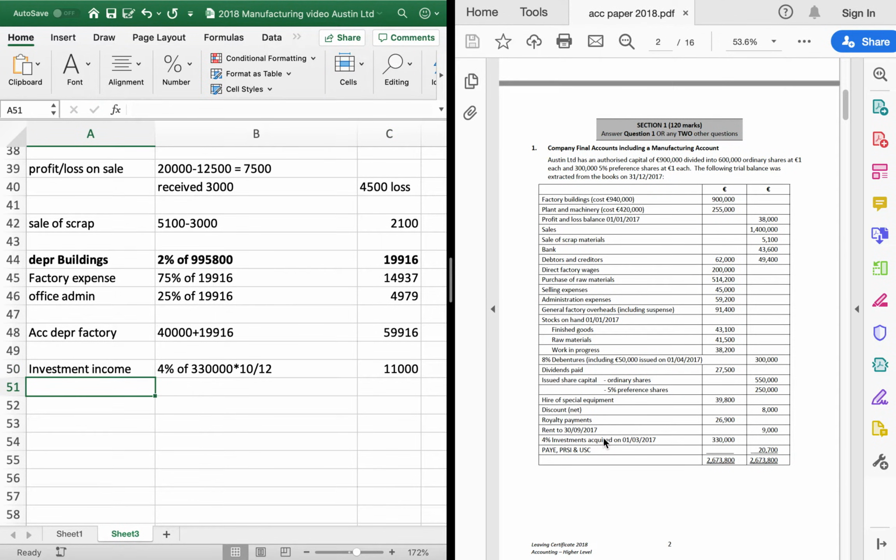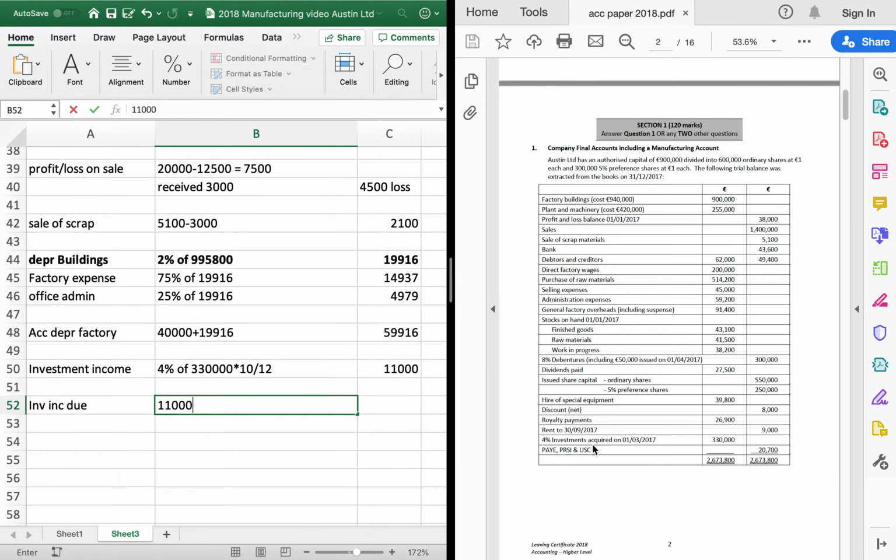And that's 11,000. And then your investment income due is 11,000 minus whatever you received. So look to see if there's any investments here. Doesn't appear to me, so you haven't received any, so it's all due.